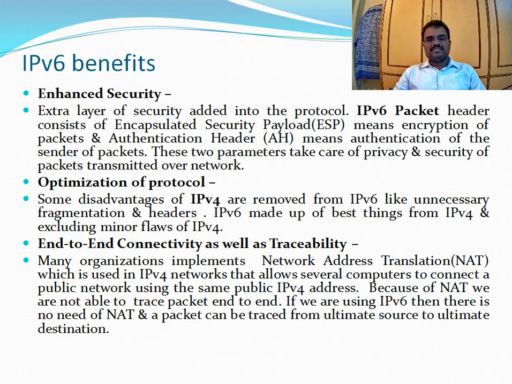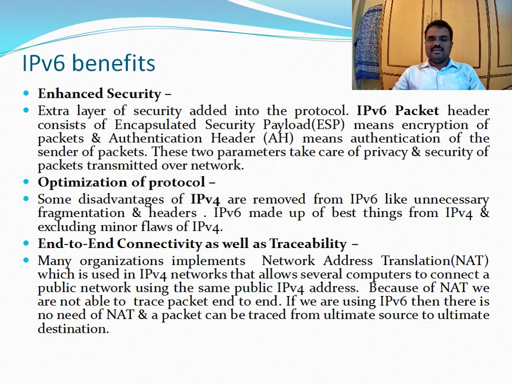Optimization of protocol means some disadvantages of IPv4 are removed from IPv6, like unnecessary fragmentation and headers. IPv6 is made up of the best things from IPv4 while excluding minor flaws of IPv4. Then end-to-end connectivity. Many organizations implement network address translation, which is used in IPv4 networks, that allows several computers to connect to a public network using the same public IPv4 address.